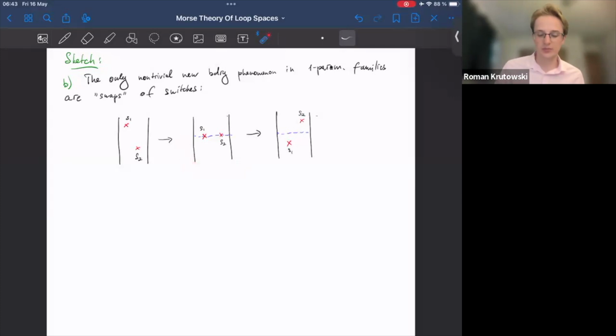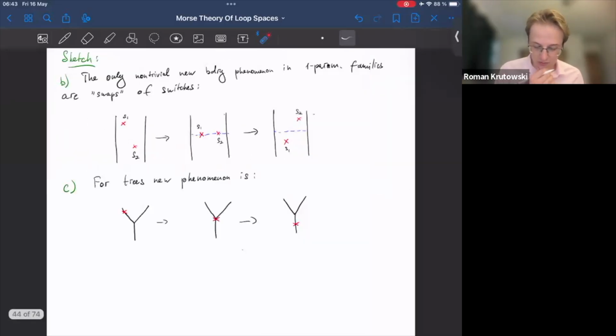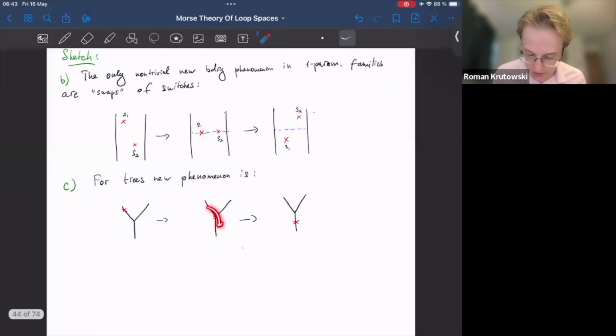But this is the only problem. And the new boundary phenomenon in one parameter families for trees is switches traveling through vertices, like this here. And one needs to deal with this to show all the A infinity relations.